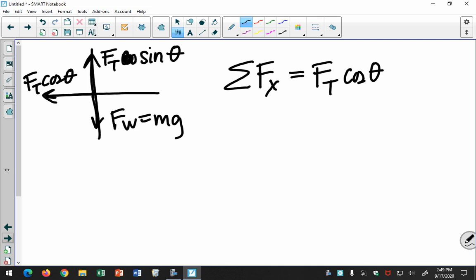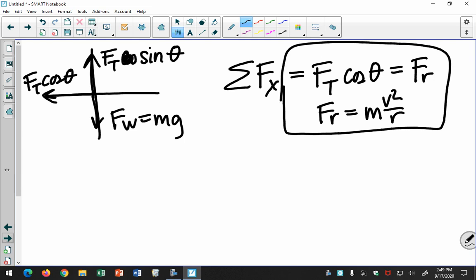We also know, go back to that other pretty picture with all of the colors, that that is our center-seeking force, so that's also our centripetal force. We also know that our centripetal force is equal to mv squared over r. All of these things are equal to each other, right? You can make various equations out of all of those equalities. Think about what you know and use the equations.